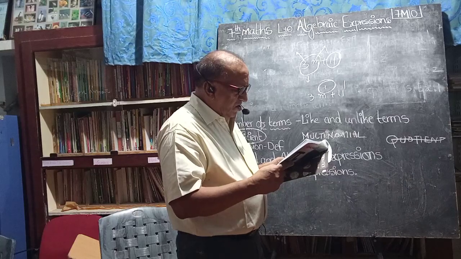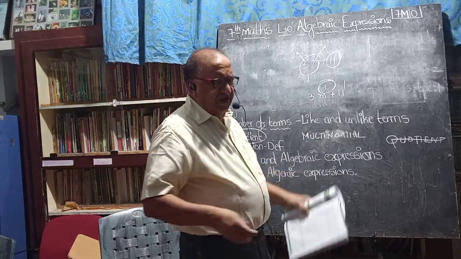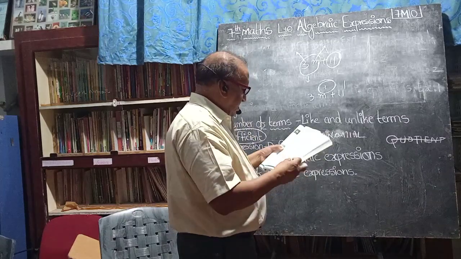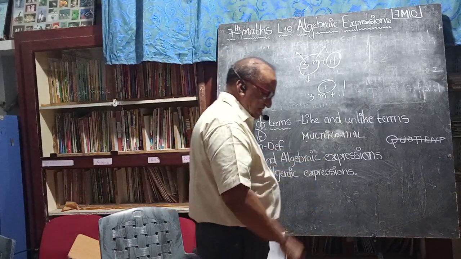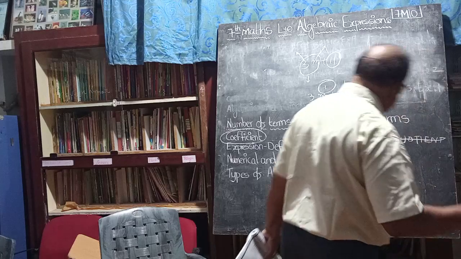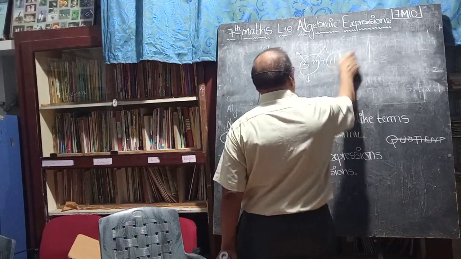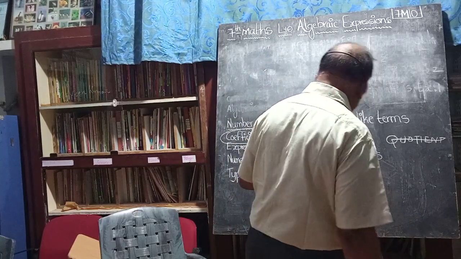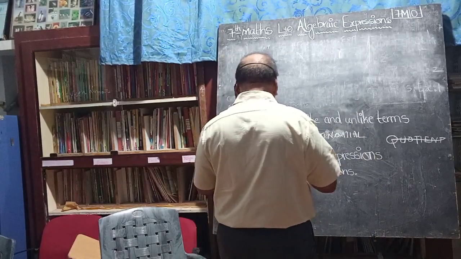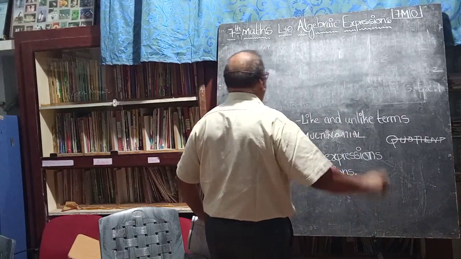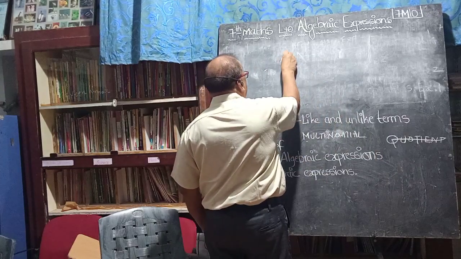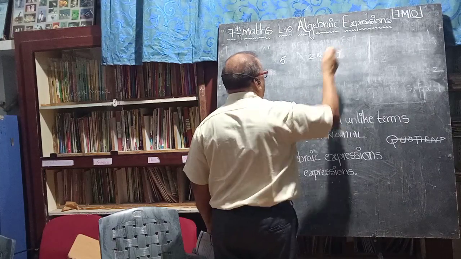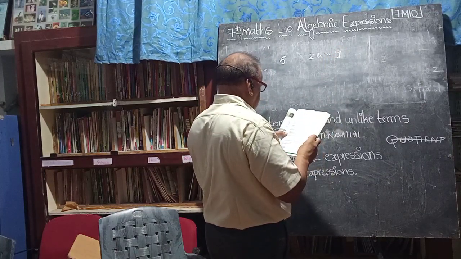Now, when you have a statement, how do you convert that into an expression? This is page number 193, problem number 3. For example, 5 subtracted from 2 times of y.